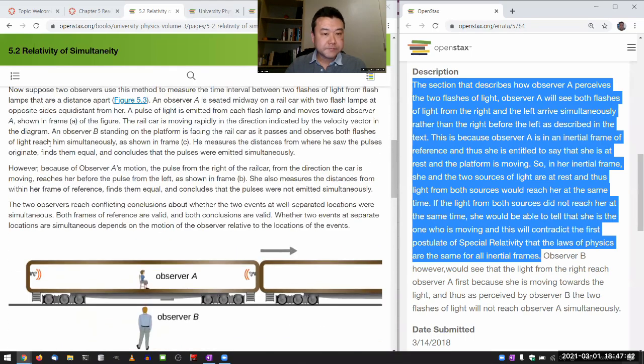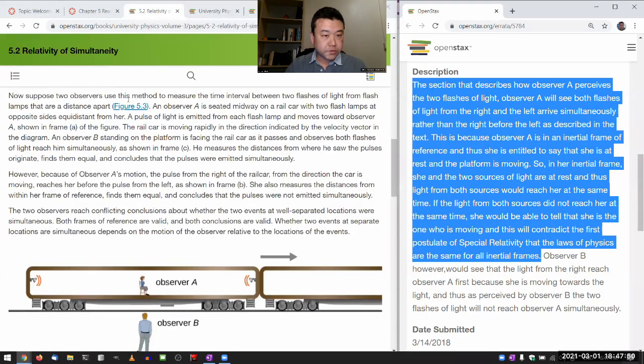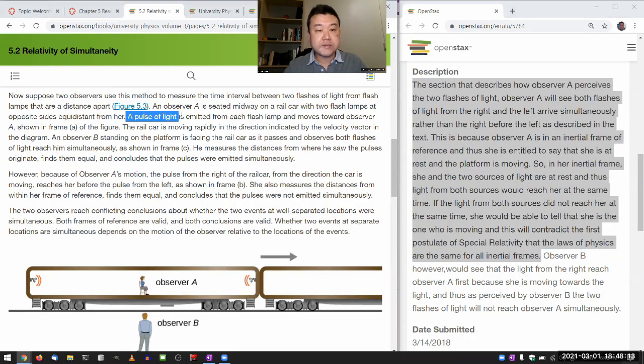The textbook says, now suppose two observers use this method to measure the time interval. An observer A is seated midway. Here it is: a pulse of light is emitted from each flash lamp and moves toward observer A, shown in frame A of the figure.